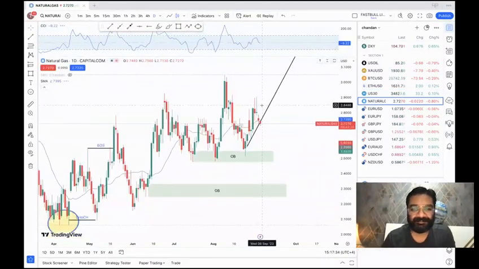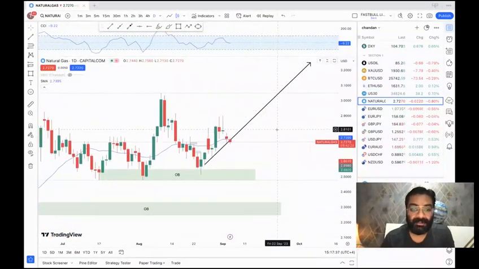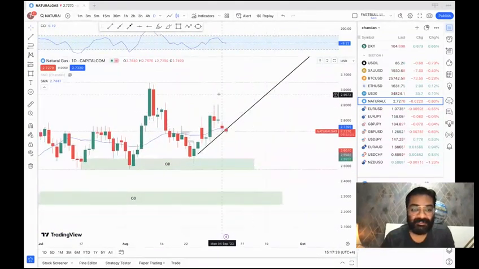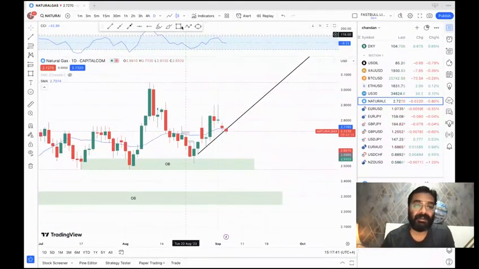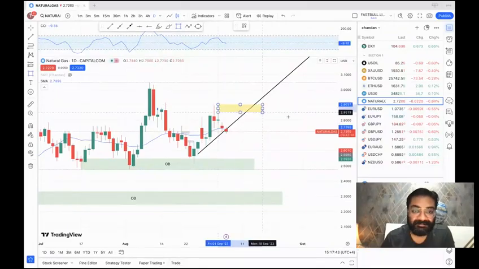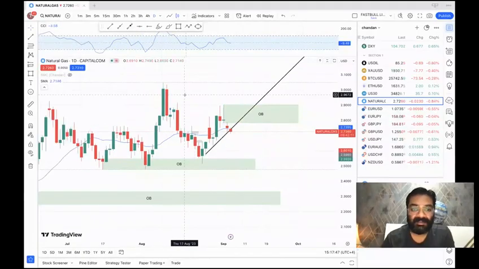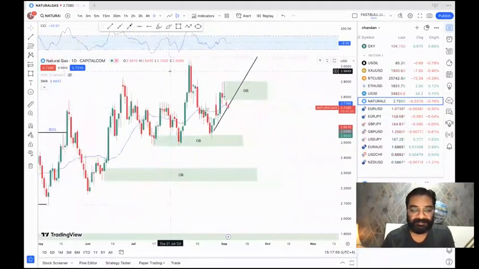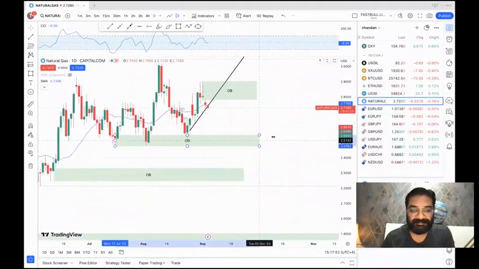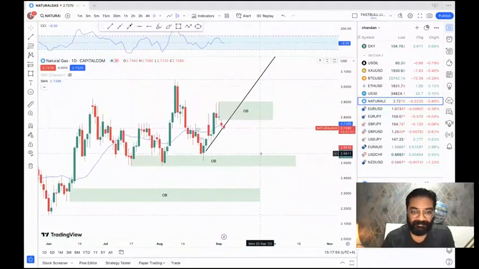Natural gas. Today it came down, no doubt. There is a bearish order block as well, which has been created. Let's see.